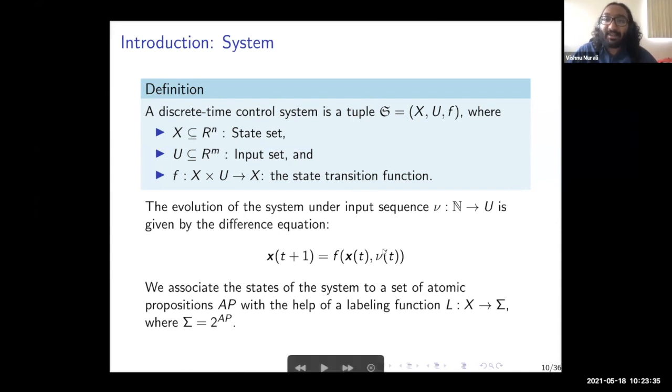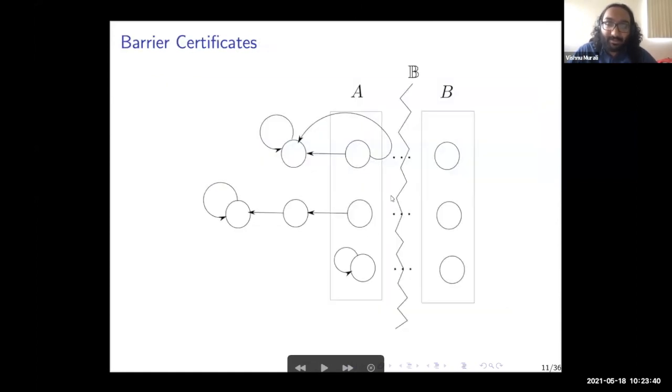To ensure that our system is safe, we can use the idea of barrier certificates. For example, let us suppose that the system initially starts from some initial set A, and we want to ensure that it never reaches a set B. Suppose we had a function B such that the value of the function at every point in the initial set is non-positive, the value of the function is strictly positive in the unsafe set, and we also have the value of the function to be non-increasing.